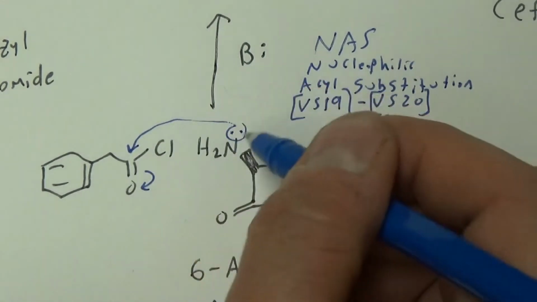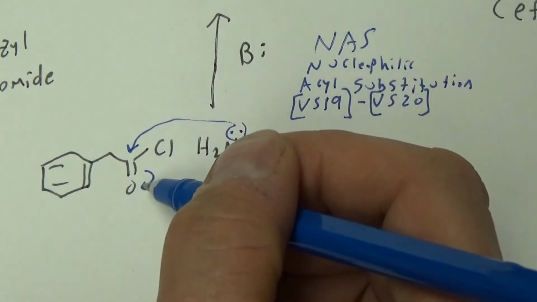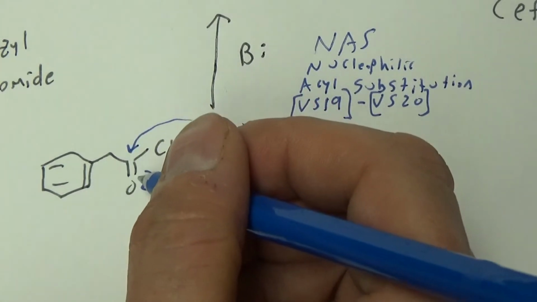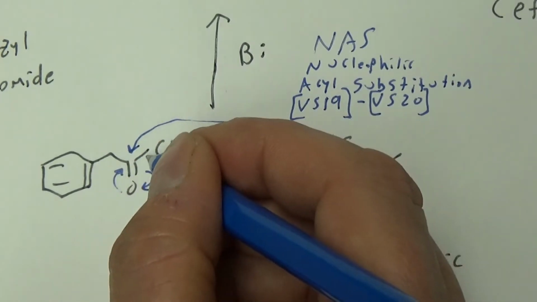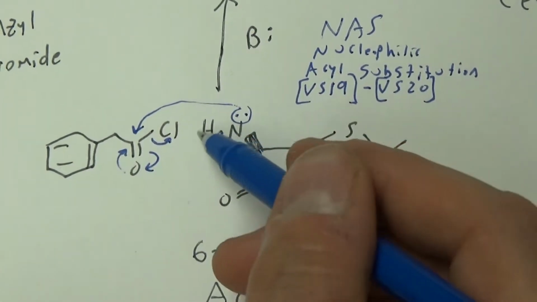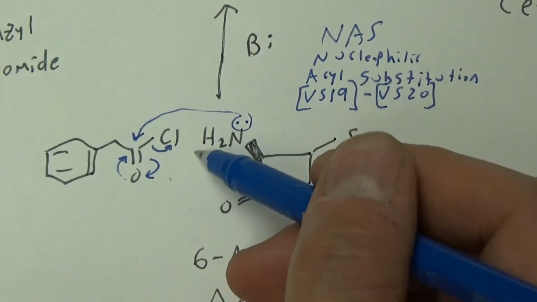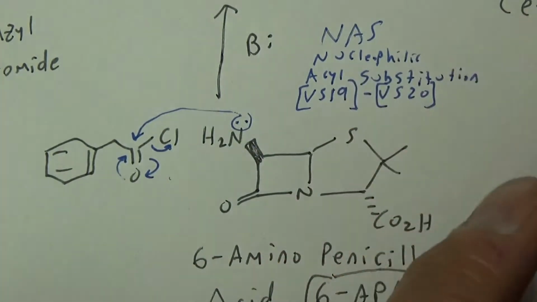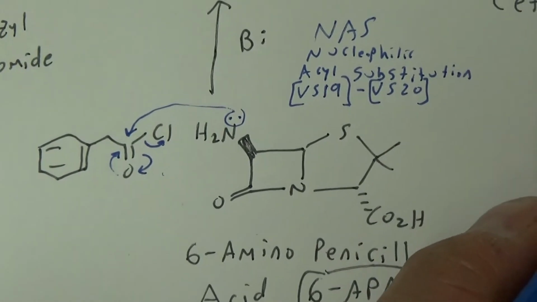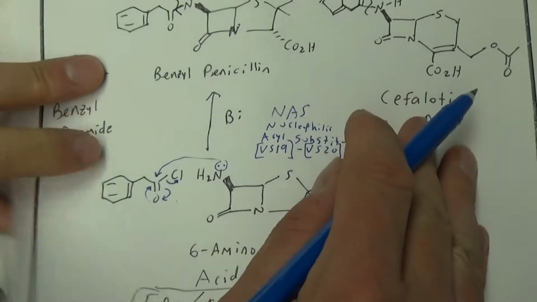So attack, and then the electrons go onto the oxygen. Sometimes it's up, but here it's down, and then it goes back up and kicks out the chlorine. This is a very abbreviated mechanism, and if you're taking organic 2, you've got to draw it all out, but we're not showing every little detail here. Okay, cool. So what else about these?